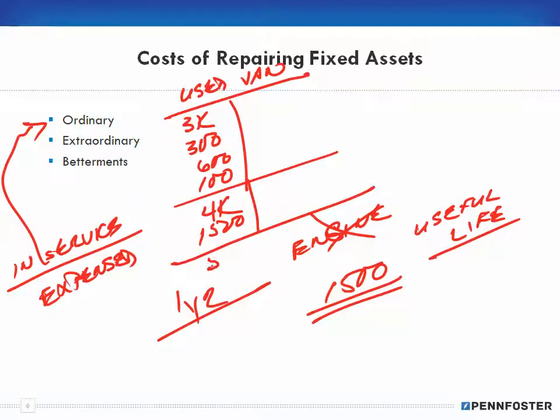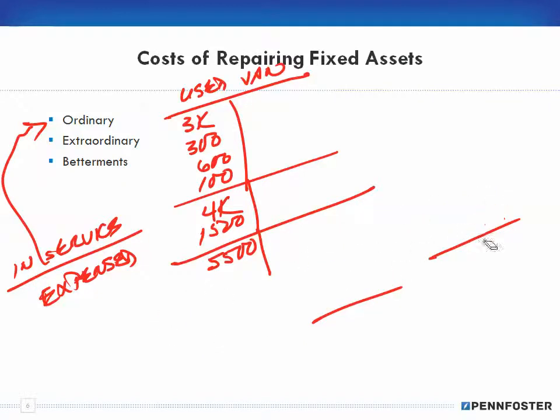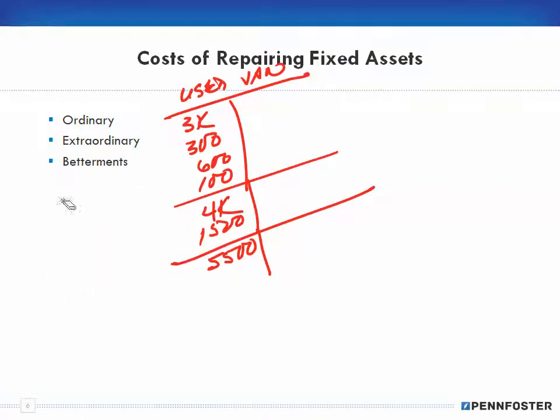So now our van has a book value of $5,500. Remember, we're talking about what we do in order to put it into service. Once it's in service, any repairs end up being an ordinary expense.